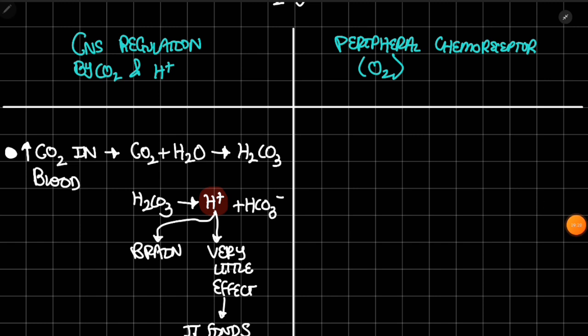Now, starting with the peripheral chemoreceptor, that is O2. While starting the topic of regulation of respiration, why do we need to regulate respiration?